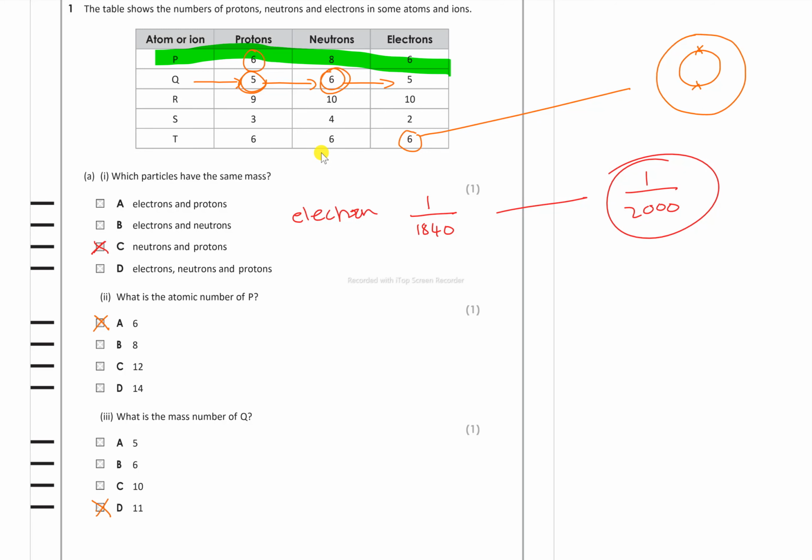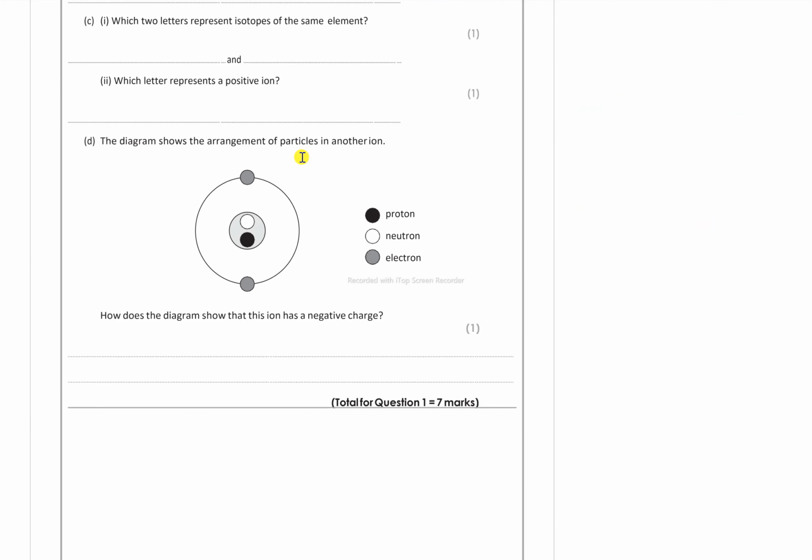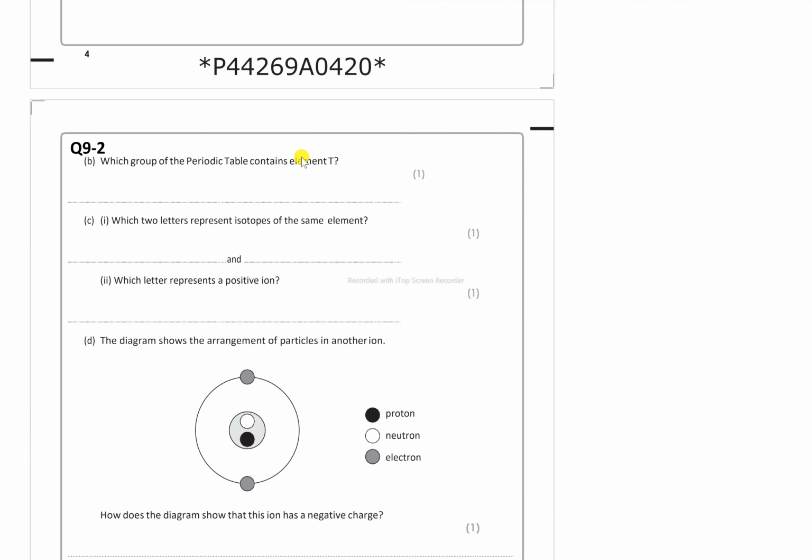I'm allowed a maximum of 8, but I only need 6. So I need 1, 2, 3, 4. So now I've got 6. Okay, so how many electrons in the outer shell? 4. Yep. So it's got 4 electrons in the outer shell. So it will be in group 4.